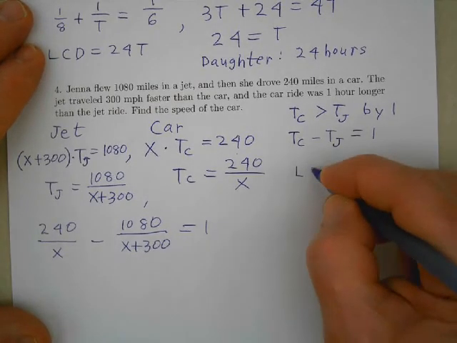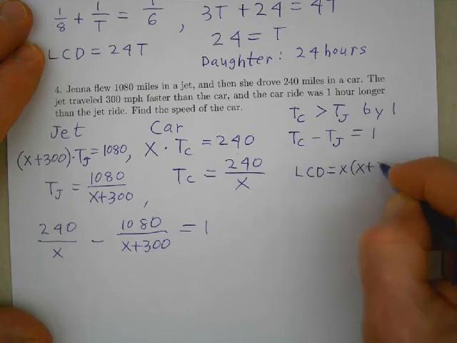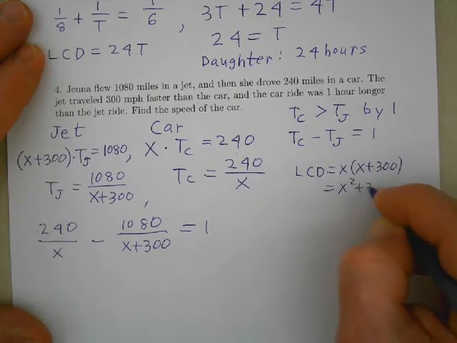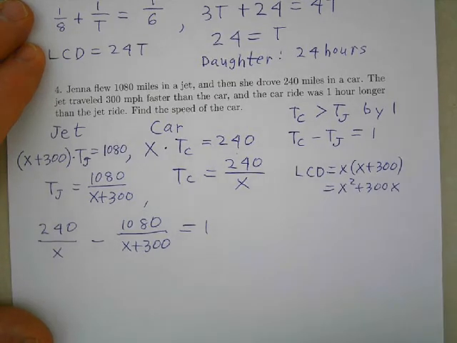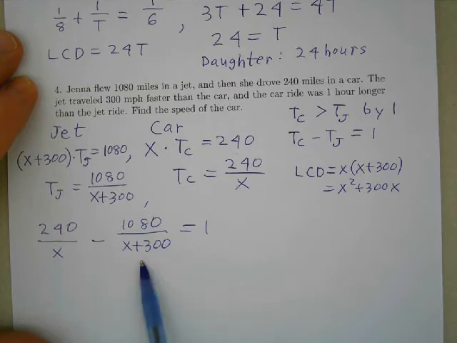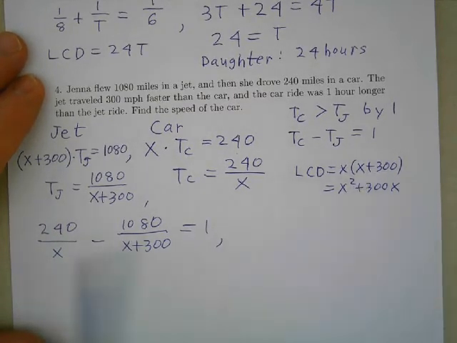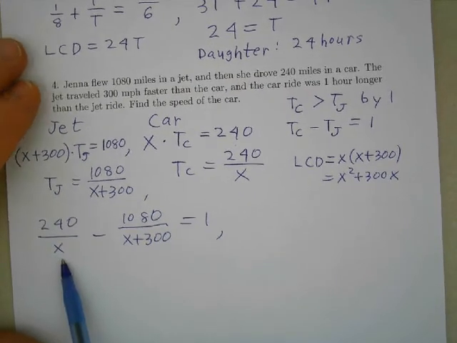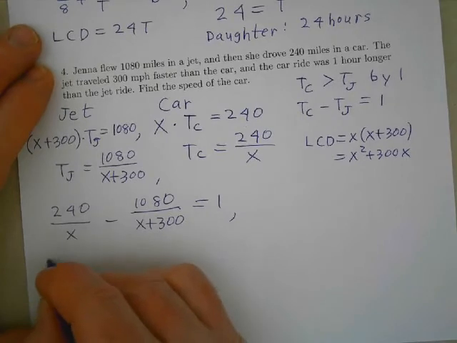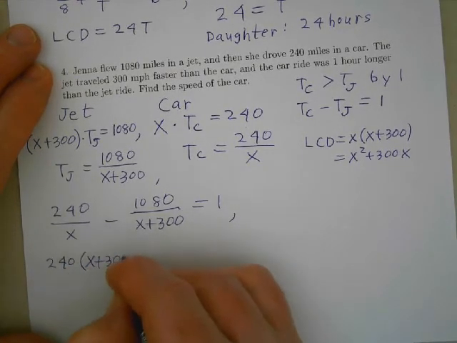The least common multiple of the denominators is x times x plus 300, or x squared plus 300x. We'll multiply the least common denominator by every term on both sides of this equation. When we multiply it by 240 over x, the x's cancel, so we're left with 240 times x plus 300.